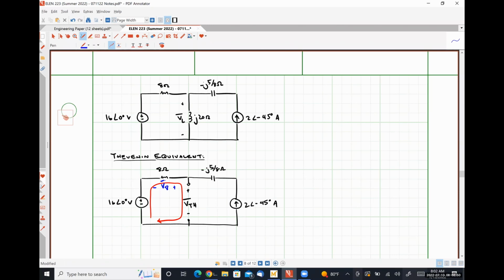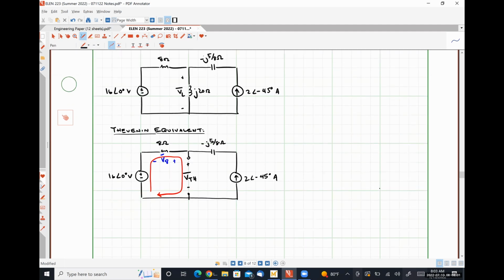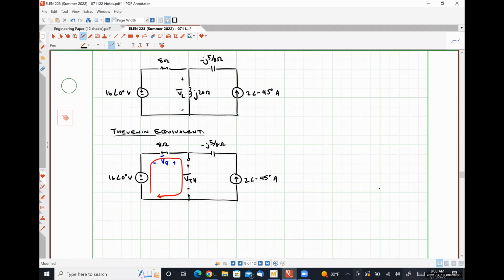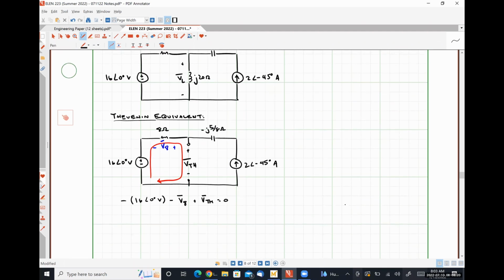I'm choosing that particular polarity because I know that all 2 angle negative 45 degrees amperes of current will be flowing into the positive polarity terminal. So when I write my KVL equation, I will have negative 16 angle 0 degrees volts minus V8 plus VTH is equal to 0.